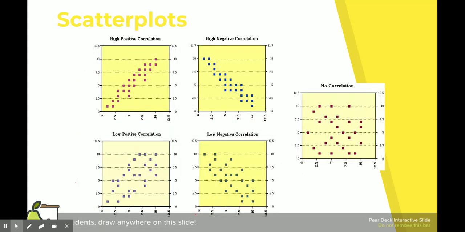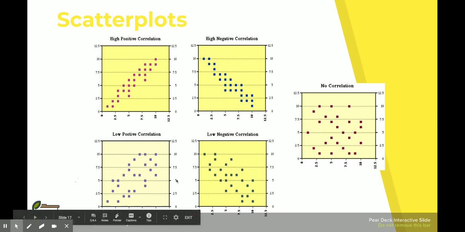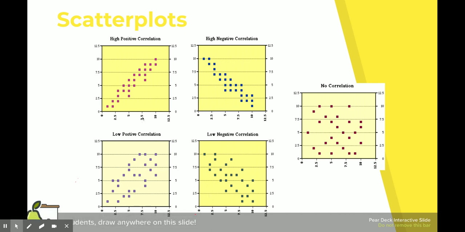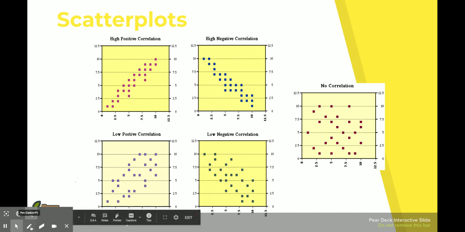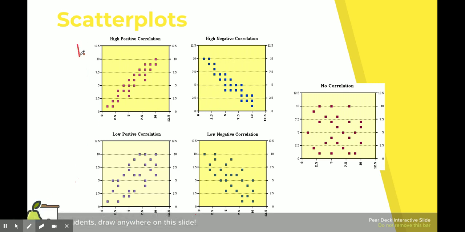So let's practice this idea. If you take a look here, we have these various different correlations. Okay. I want you to think about, and we can do this. Let's number these 1, 2, 3, 4, and 5.